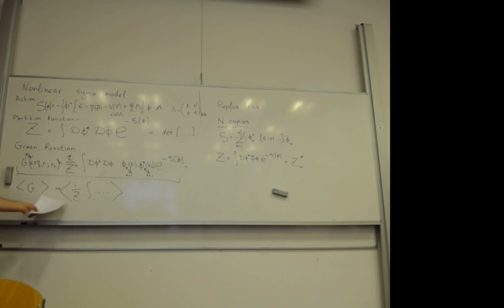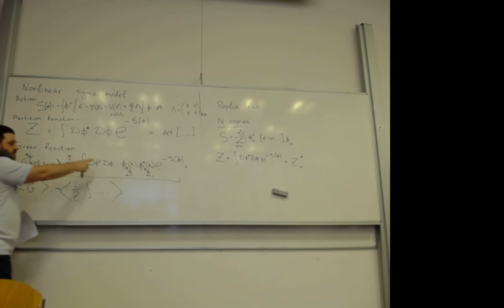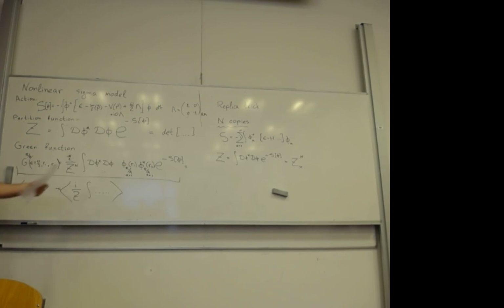And now if I want to average this Green function, I can do this. But I'm concerned, this identity is true for any number n. Whatever n is, this is the Green function. So this Green function is given by this expression no matter what n is, even before I average it. So I have n replicas, I take the fields from the first one, this is the Green function.